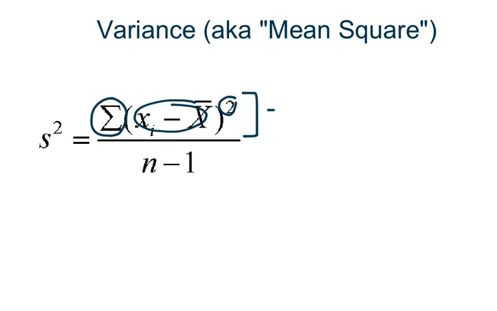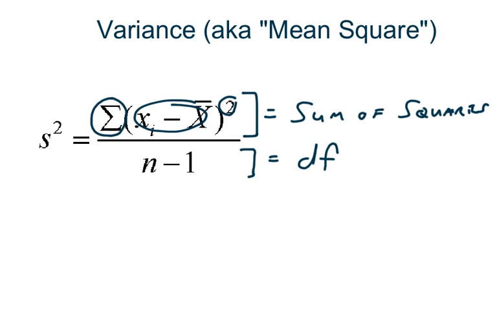So another name for the numerator is the sum of squares. You can read that. The sum of squares, whereas we've already discussed down here that n minus 1 is very simply the degrees of freedom. But that's a new term that we probably haven't come across until now, the sum of squares, and it's just referring to the top half of the variance formula.